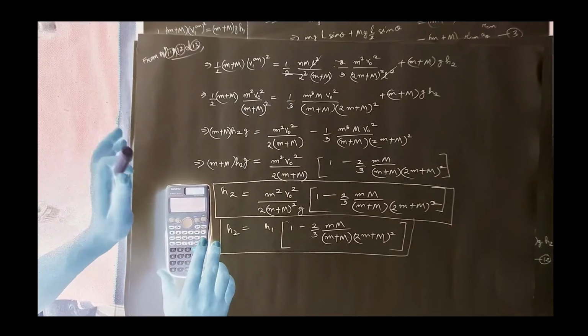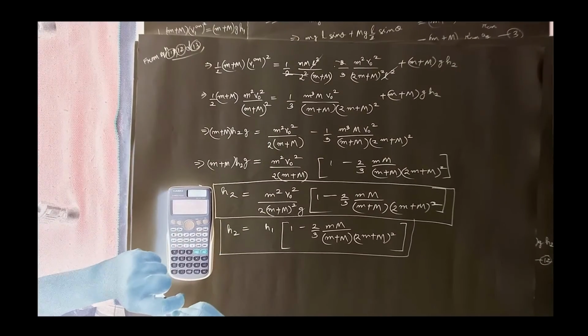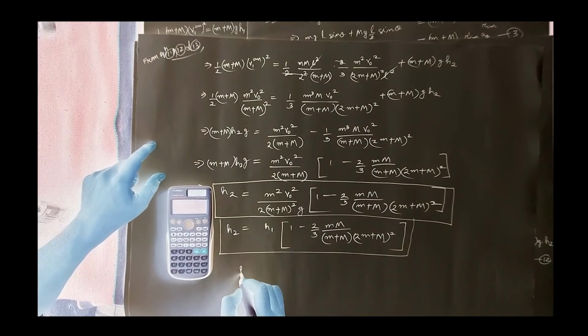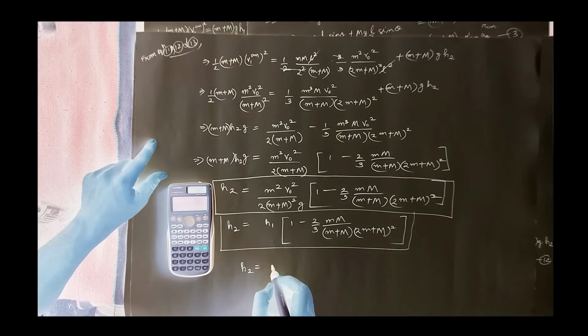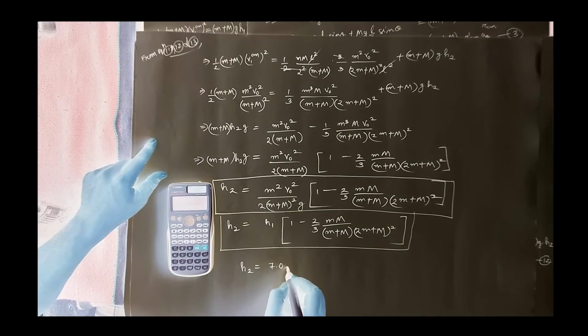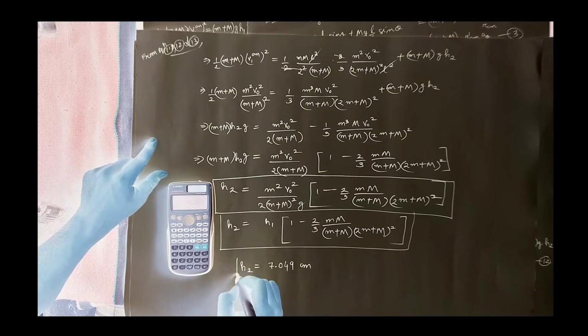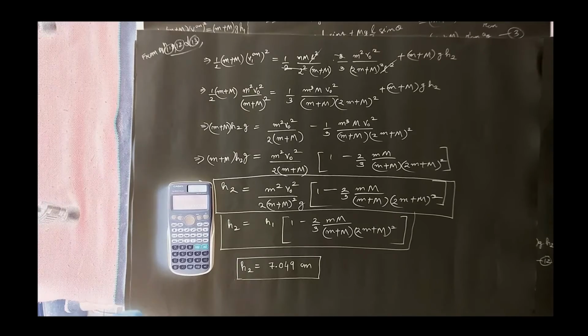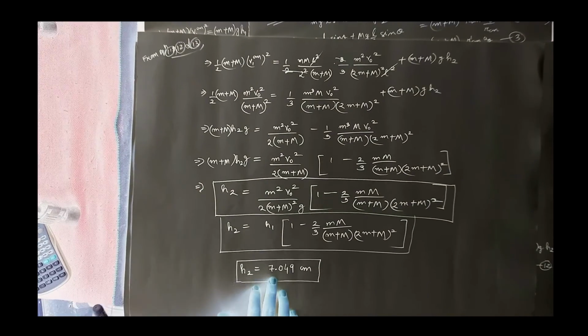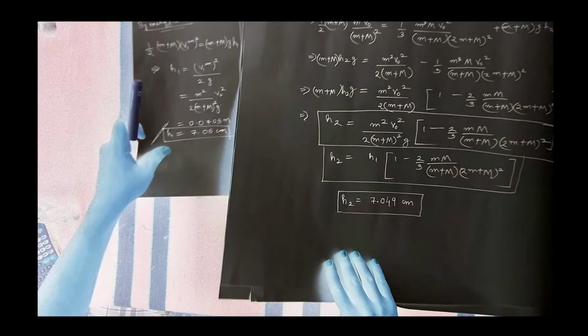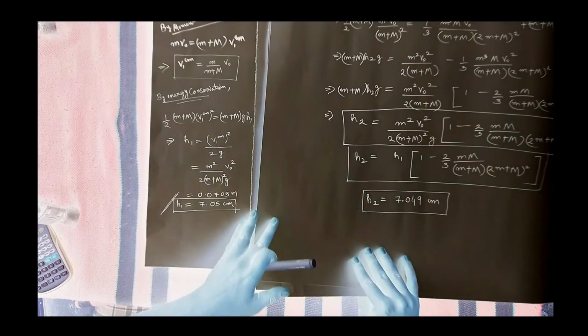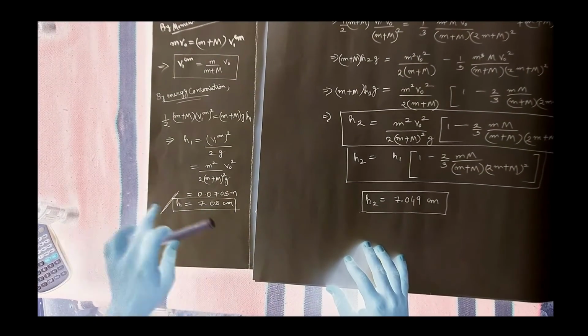So putting in the values, I am getting h2 as 7.049 centimeters. See, the value of h2 is 7.049 and the value of h1 that I got is 7.05 centimeters.